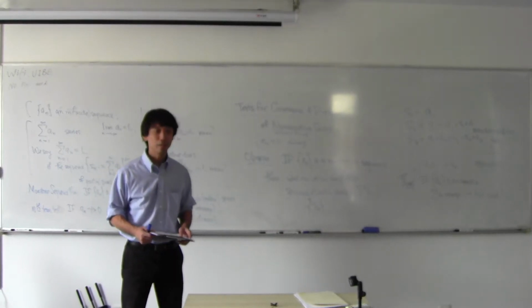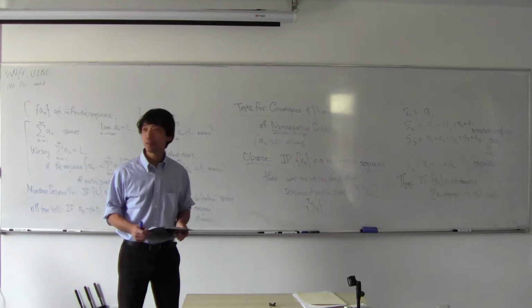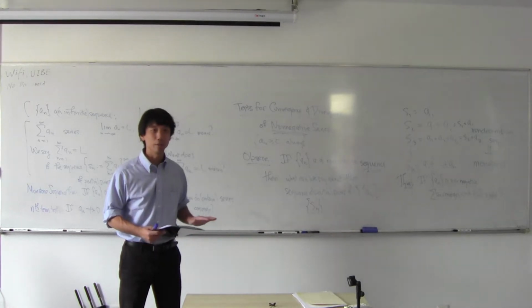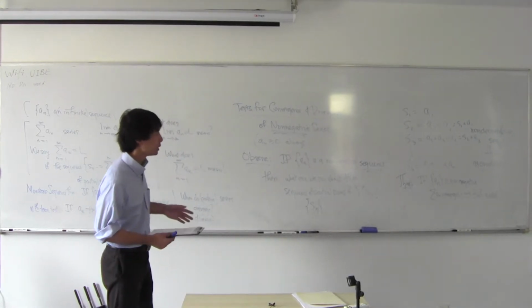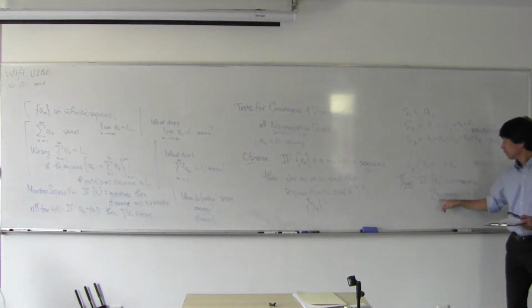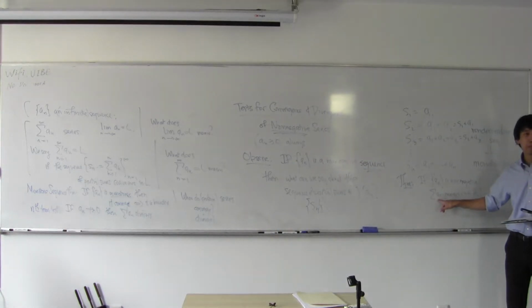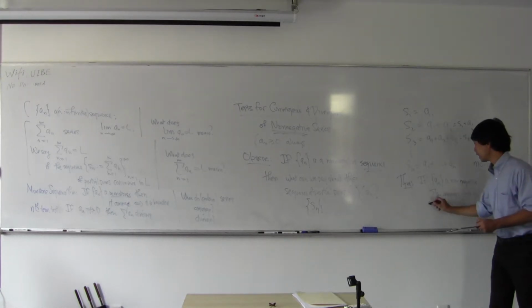Okay, everybody. Now does anybody have questions? Is it clear to everybody? So I hope it's clear. Remember, for the infinite series to converge, that's the same thing as saying that the sequence of partial sums converges.